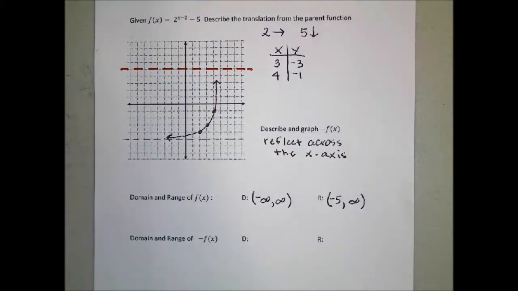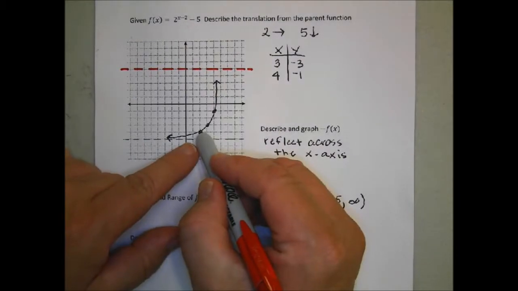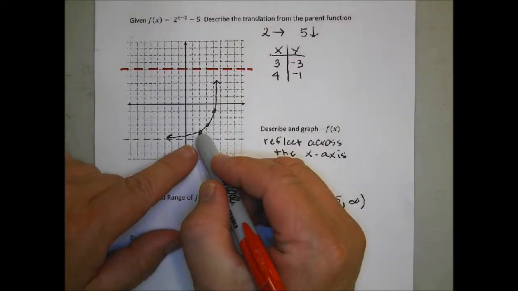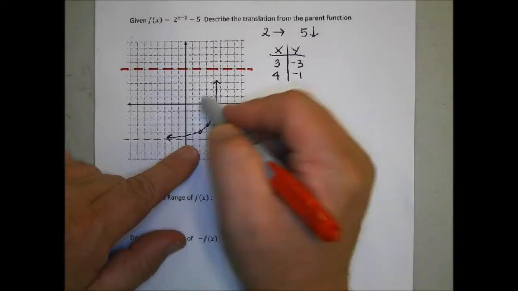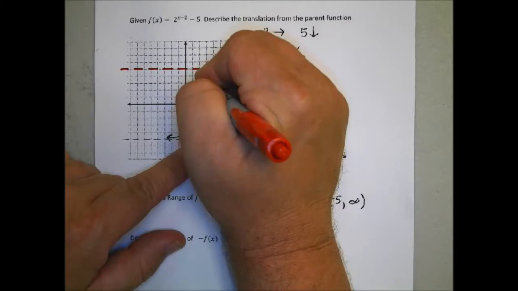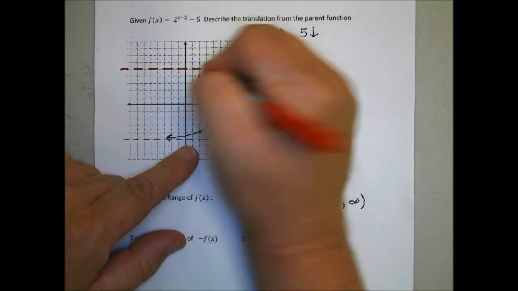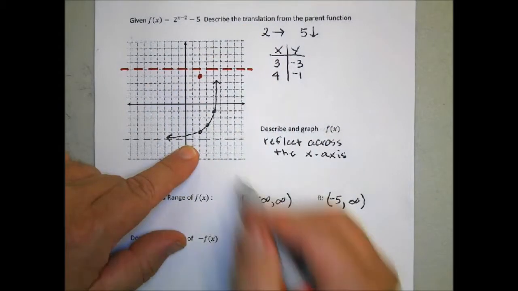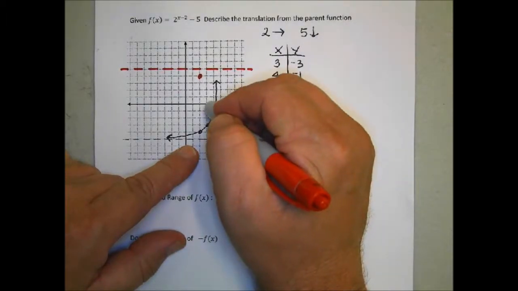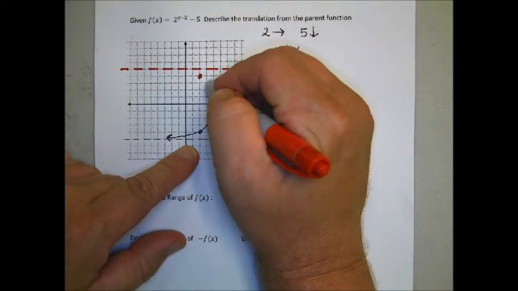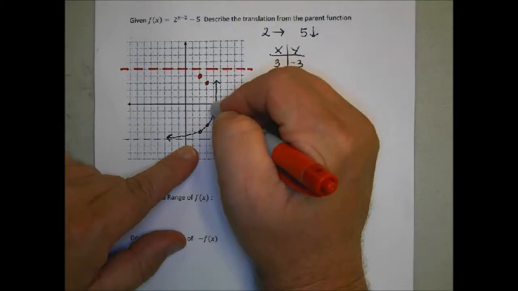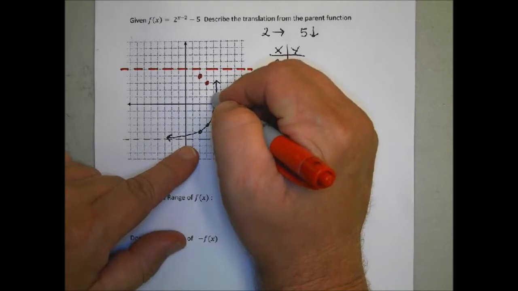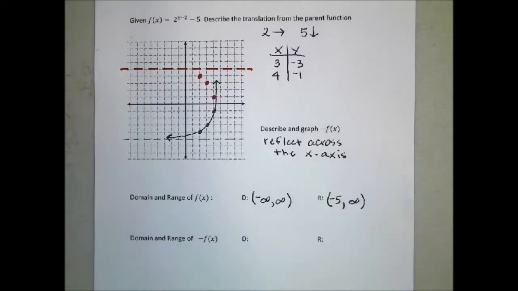Now let's look at what happens with these key points. That point right there, remember we're reflecting across the x-axis, so 1, 2, 3, 4 steps to get to the x-axis. So let's go 4 steps on the other side, and we get right there. 3 steps to the x-axis, 3 steps on the other side gets us right there. 1 step to the x-axis, 1 step on the other side gets us right there.